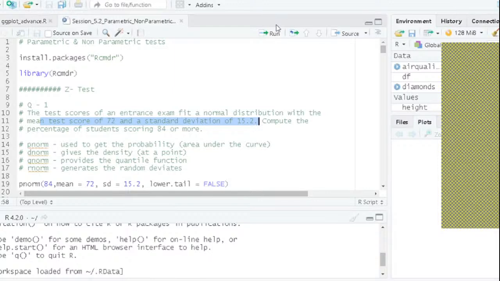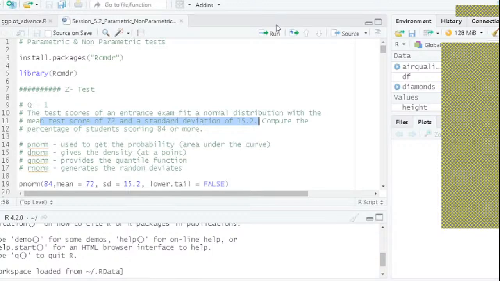It says the test score fits a normal distribution, right? Am I mentioning the sample data here? It is just saying the population, these are population parameters. I wanted to hear this. These are population parameters, isn't it? Everyone agrees with me?